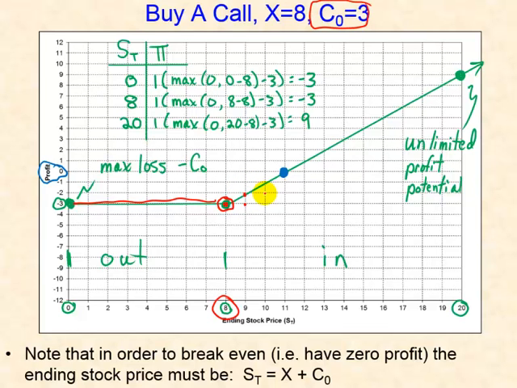Then from that point, move to the right $1 and up $1 and draw another point there. And continue this process. Move to the right $1, up $1, and draw a point. And we keep doing this across the line here. So without ever calculating any profits using math or algebra, I'm able to plot the option payoff.